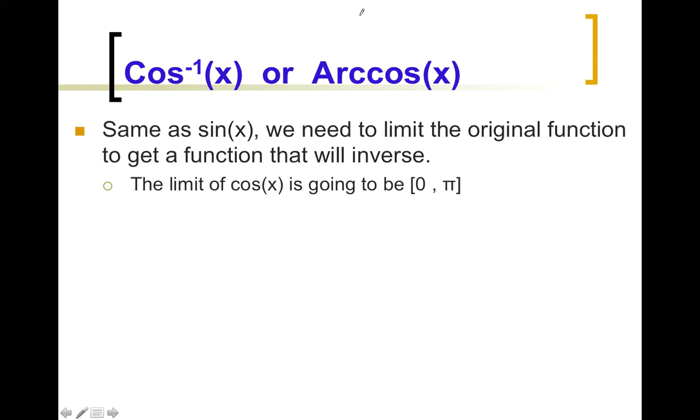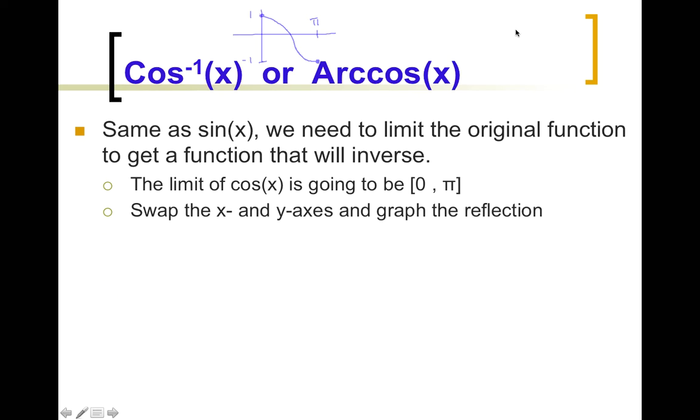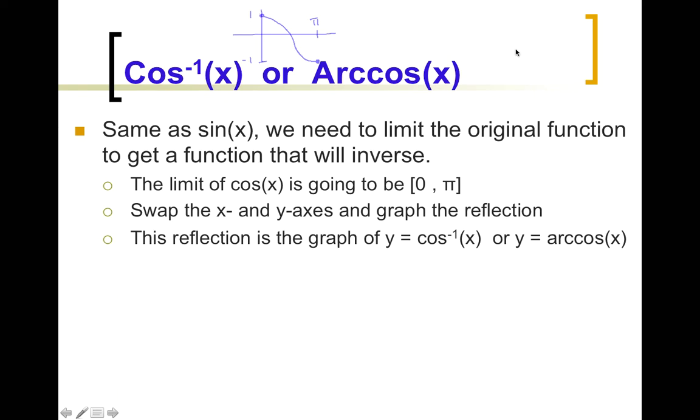So if we were to look at the limited domain for cosine, it's going to go like this, from 0 to pi. And what we're going to do is regraph for the cosine inverse. Again, swap the x and y and reflect the graph.